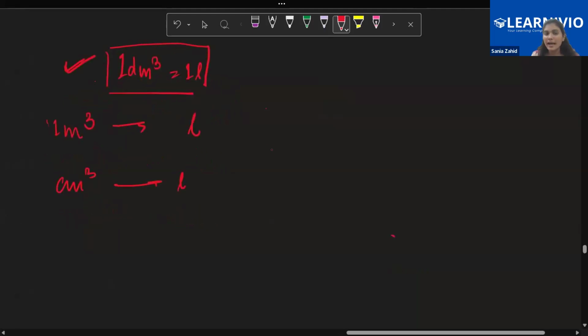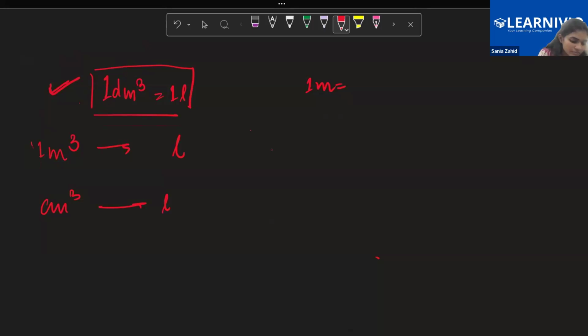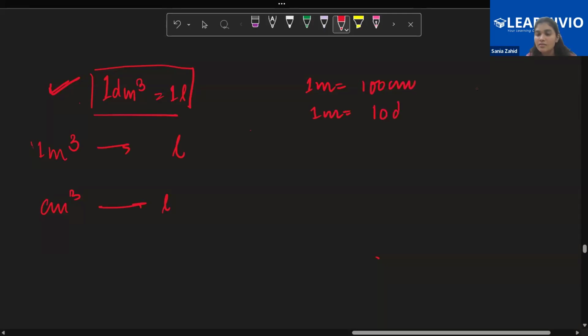See, what happens is, children, 1 meter is equal to how many centimeters? 100 centimeters. And 1 meter is equal to how many decimeters? 1000? 10? What is decimeter? See, you've got this table, right?